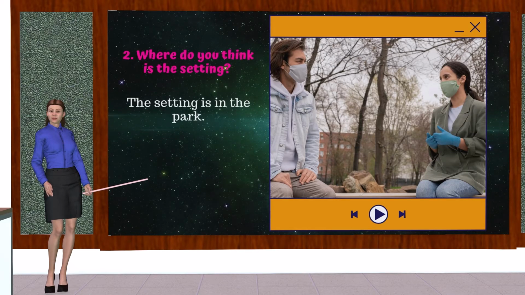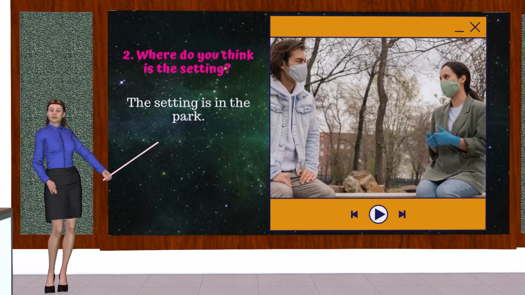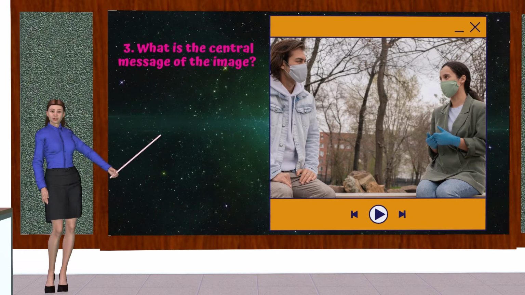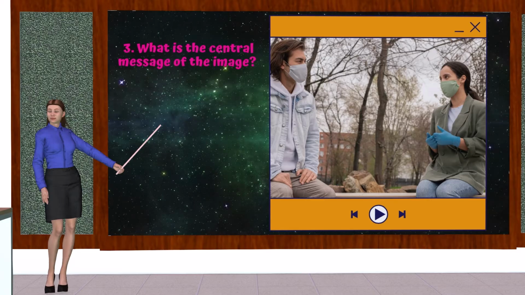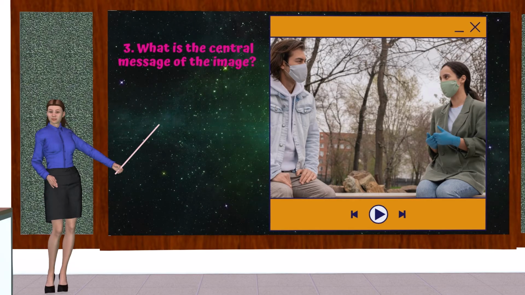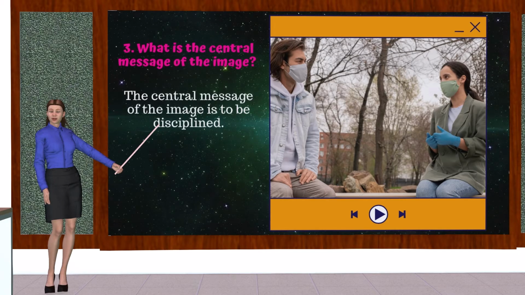Very good! The setting is in the park. Now how about question number 3? What is the central message of the image? That's right! The central message of the image is to be disciplined.